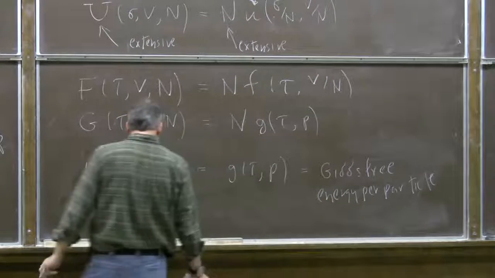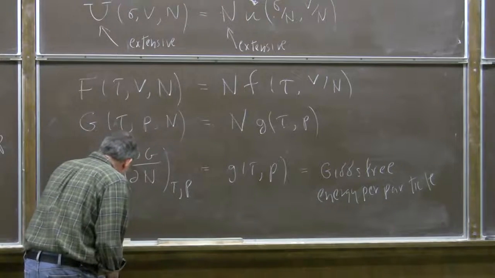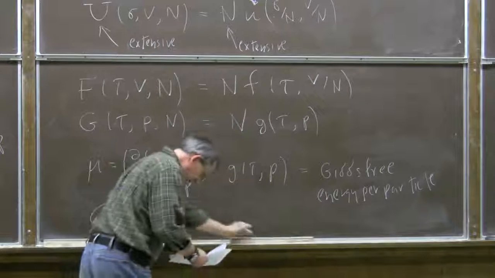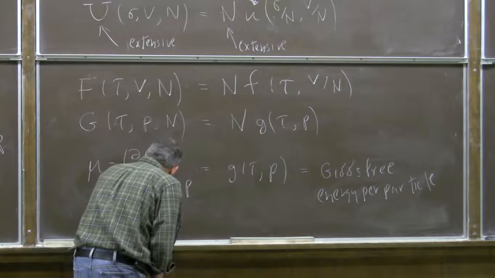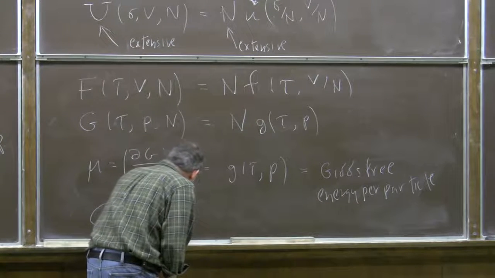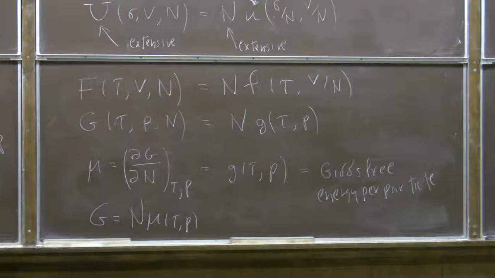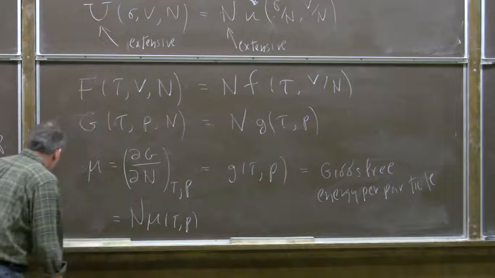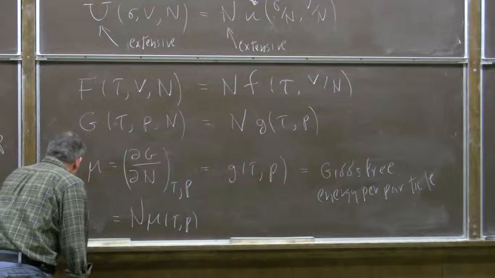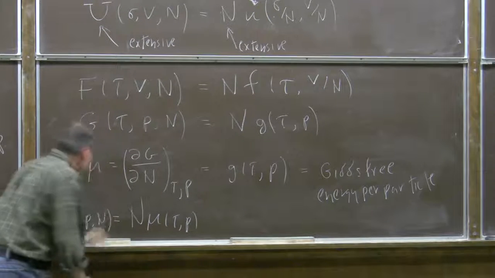So we can write the Gibbs free energy as n, the total number of particles, times the chemical potential, where the chemical potential is regarded as a function of temperature and pressure. Maybe I should write explicitly that its arguments are temperature, pressure, and number of particles.